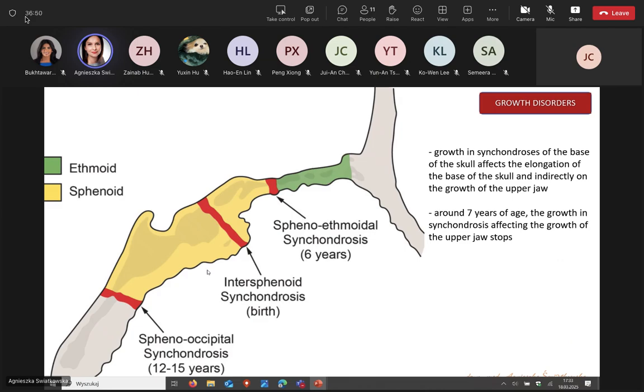Some of the synchondroses stop the growth earlier. In this synchondrosis, the growth stops around 7 years. So if there is correct growth, we observe also forward movement of the maxilla.